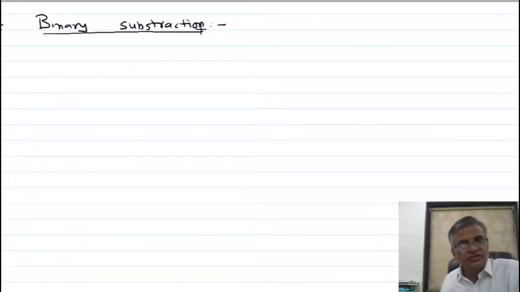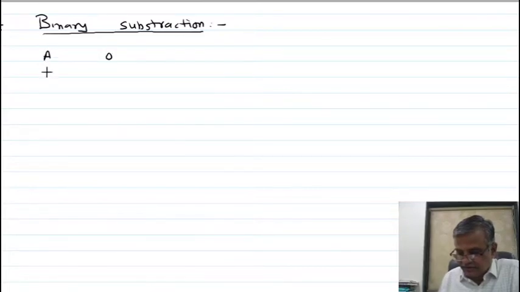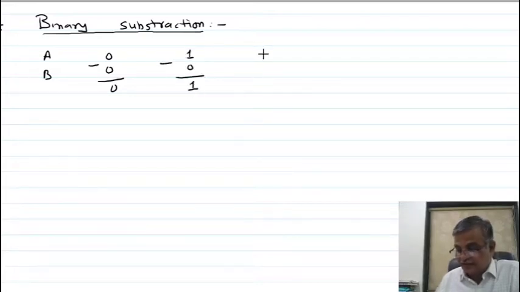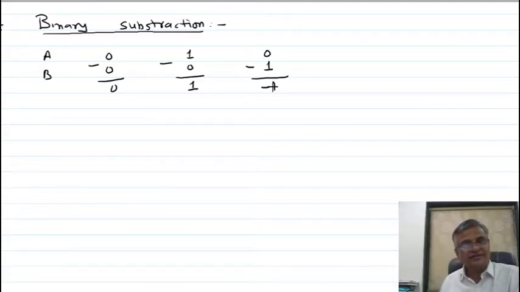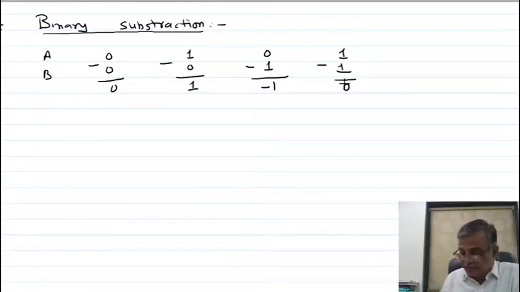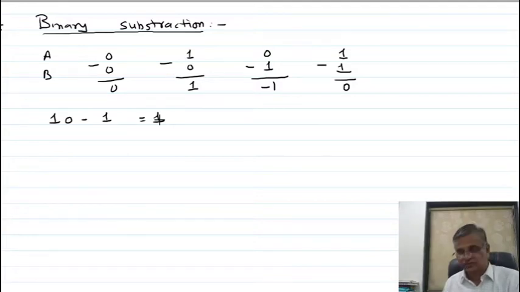I am showing you subtraction of 2-bit A and B. 1 minus 0 is 1. 0 minus 1 is minus 1, which indicates that the second number is greater than the first number. 1 minus 1 is 0. Remember one more thing, 10 minus 1 is equal to 1.